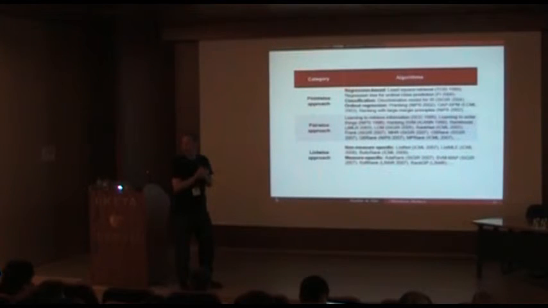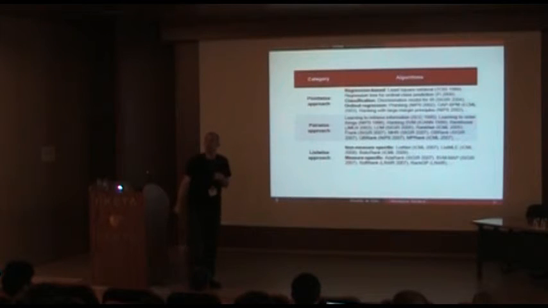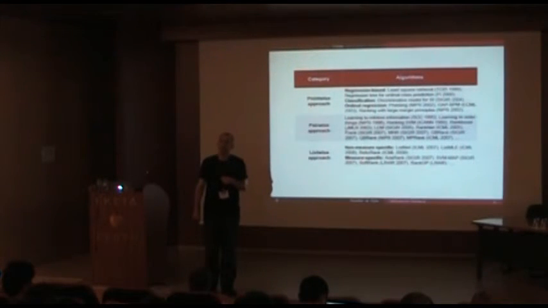Any idea what these mean? So the pointwise approach is where you try to predict the score of a document, and the pairwise the relative score of two documents, and the listwise approach would be where you just try to evaluate the overall rank list. Yep.